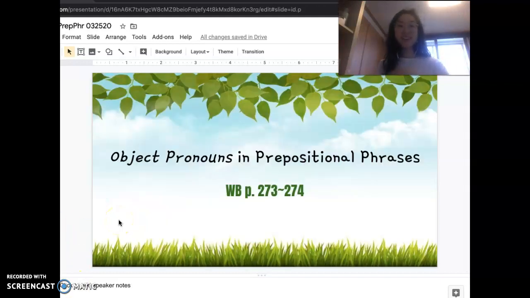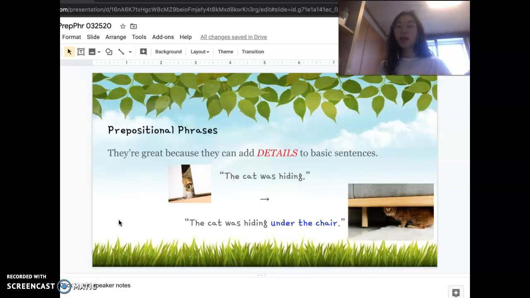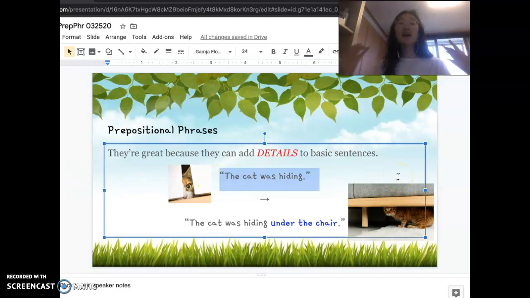Great. So now that we got a quick refresher of prepositional phrases, let's look at the object pronouns. Remember that the reason prepositional phrases are so great is that they add a lot of details and color into our writing. If you think about a painter, prepositional phrases are kind of like different paints. They add a lot more detail and make the picture more colorful and easier for us to visualize in our head. For example, let's look at this basic sentence. The cat was hiding.